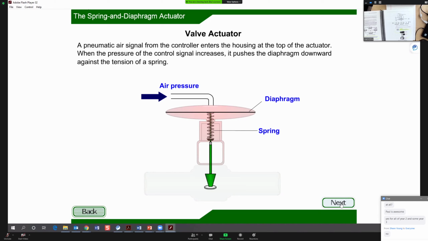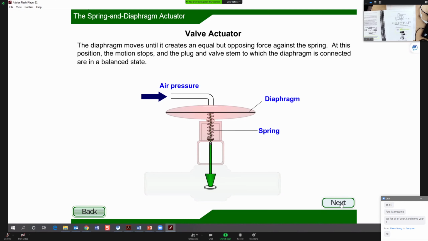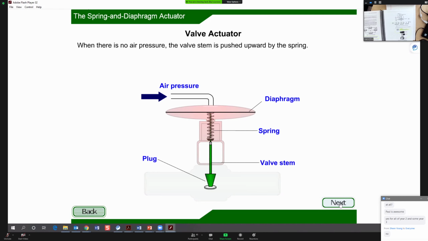That's the next topic, which is more related to safety. In the valve actuator, the diaphragm moves until it creates an equal but opposite force against the spring. At this position, the motion stops. The plug and the valve stem, to which the diaphragm is connected, are in a balanced state. With no air pressure, the valve stem is pushed upward by the spring.